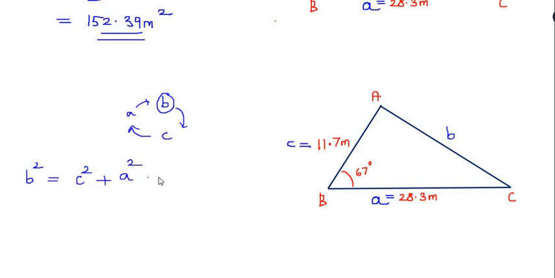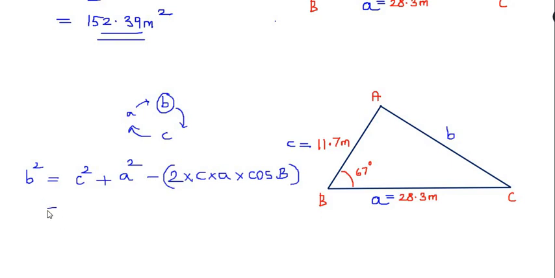Then we write minus 2 times c times a times cos of angle B, since we have taken the side b, the opposite angle to it is angle B. And remember, this is one term altogether.